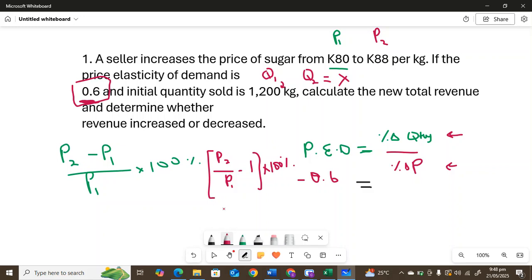Has anyone got the percent change in price? 10%, right? So here you can represent it as 10% or as 0.1, whichever you want. Then what do we do next?